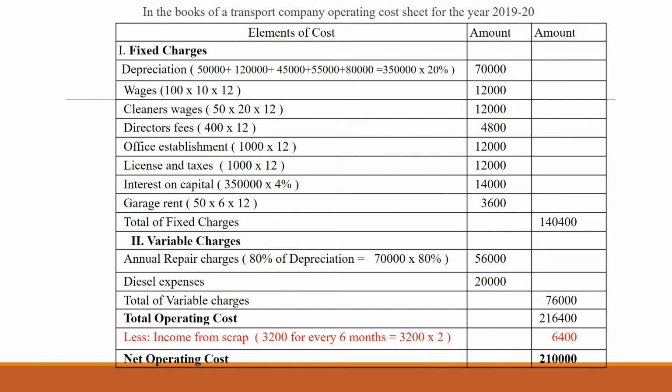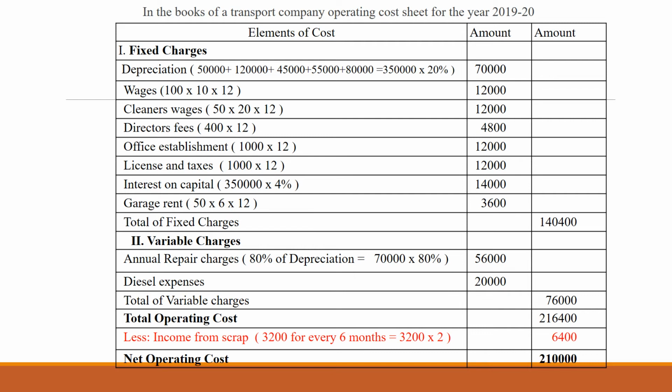So per month 100 rupees, how many drivers? 10. So multiplied by 10, and for the year multiplied by 12. So it is 12,000. In the same manner we calculate cleaners' wages: 50 multiplied by 20 cleaners multiplied by 12.